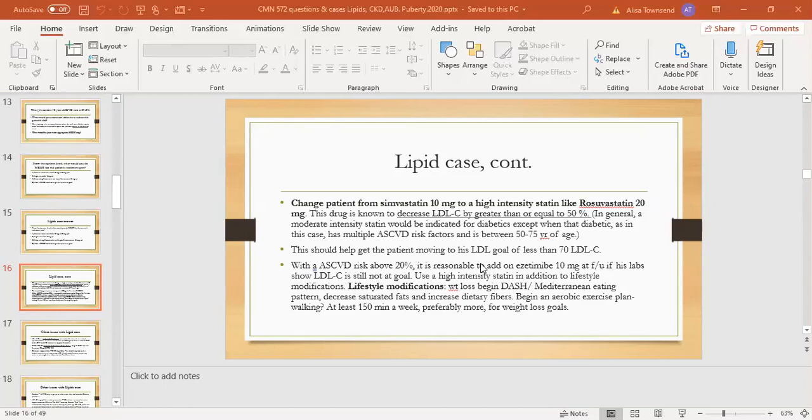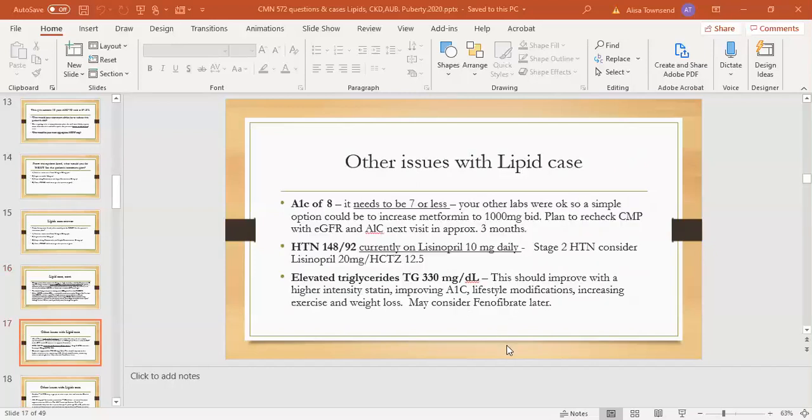A1C needs to be 7 or less. Your other labs were okay. So a simple option could be to increase his metformin to 1,000 milligrams BID. Plan to recheck his CMP with an eGFR at the next visit. Okay.